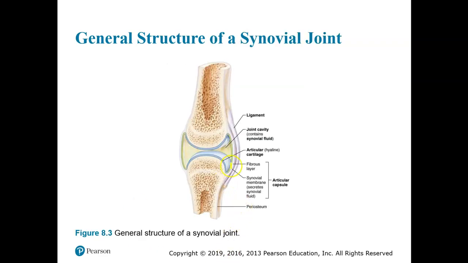So here's a picture of a typical synovial joint. You can see the articular cartilage, which is lining both of the bones that meet at that joint. You can see the synovial membrane that produces synovial fluid, and of course, the joint cavity.